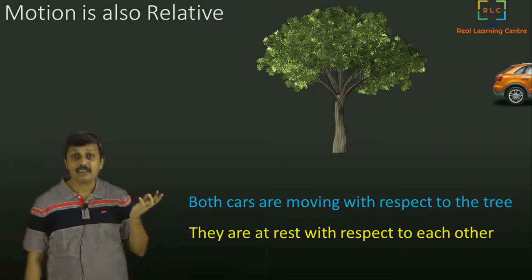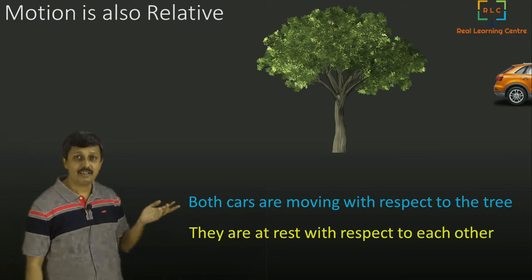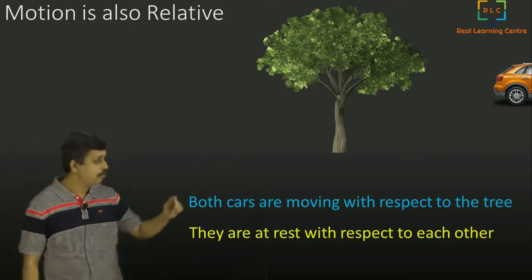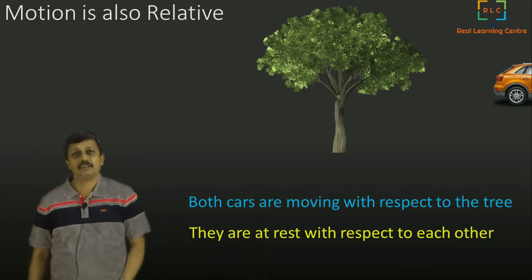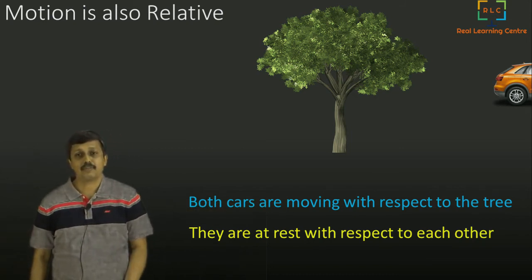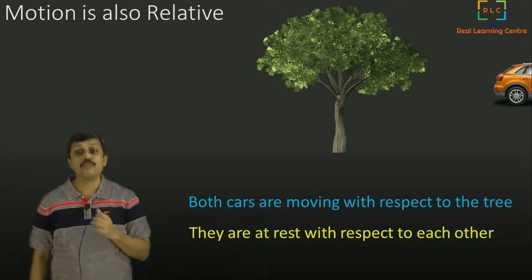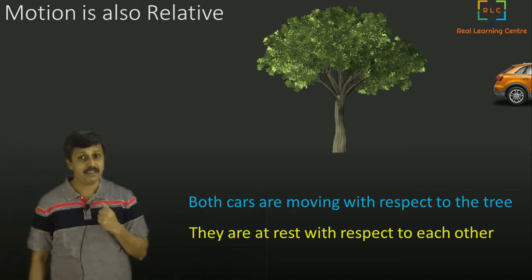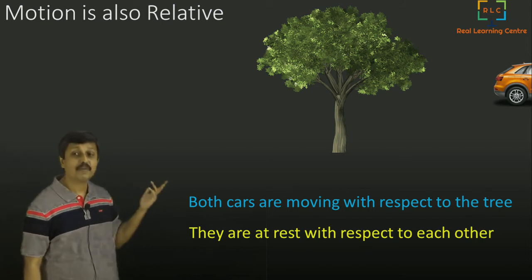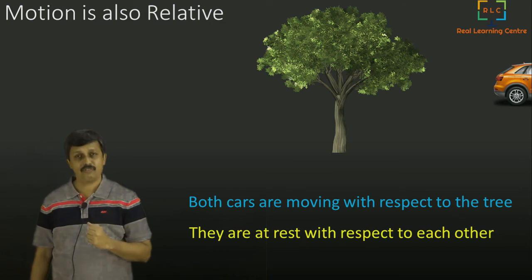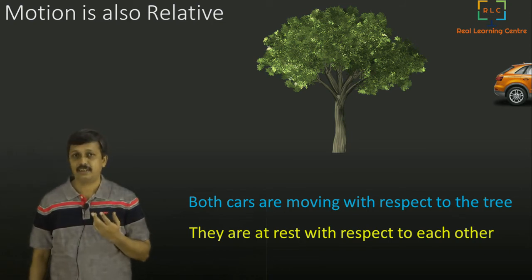If you are sitting in one car and you want to pass a chocolate bar to the other car, you can easily pass it on. You are at rest with respect to that car. So, motion is also relative, not just rest.